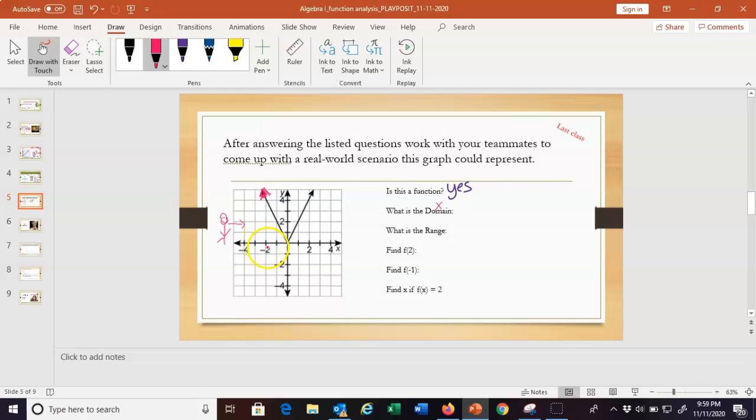We can't just say -2 because x can also be -3, -4, -5, -6, right? That arrow indicates it goes on forever towards the left. So what number is forever towards the left? We think of a number line, zero's in the middle. You have your positive numbers towards the right and your negative numbers towards the left. So if we want to say what number is all the way to the left forever and ever and ever, that is -infinity.